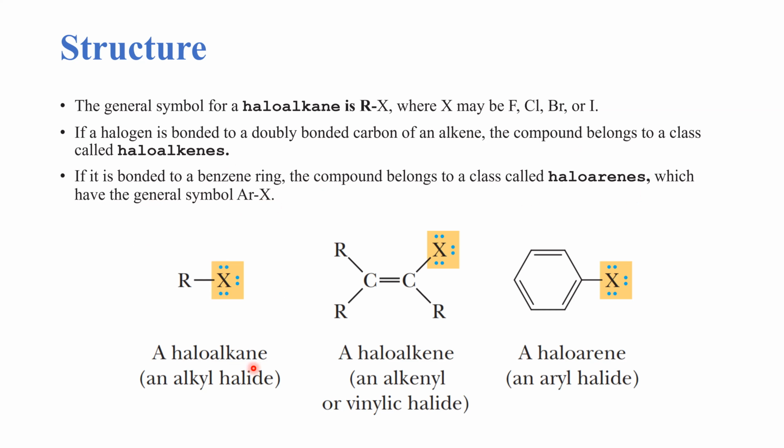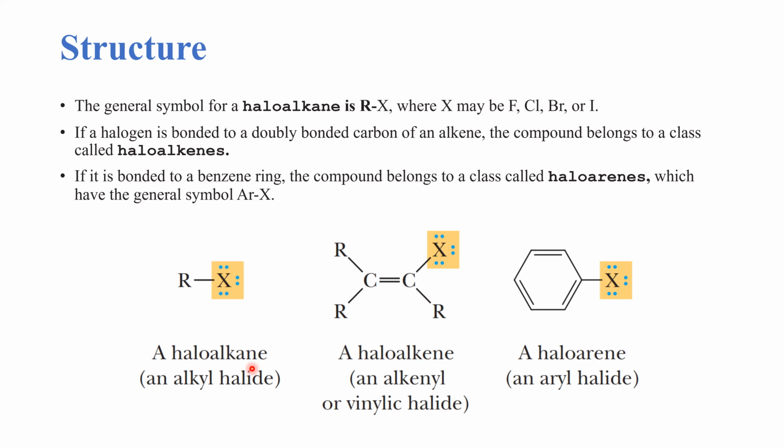A haloalkane is basically, the common name is alkyl halide. In the common name, we end up with the halogen name. But when we are talking about the IUPAC name, definitely we are treating halo as a substituent, as a prefix, as you have seen the different parts of naming compounds through the IUPAC rules.